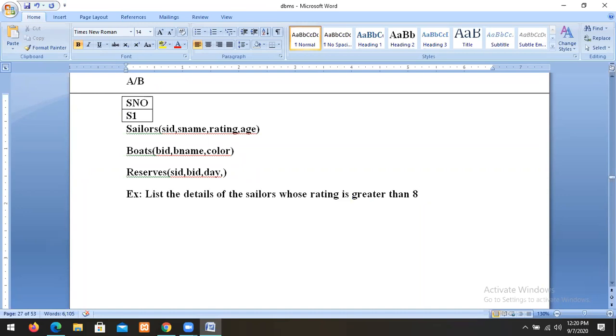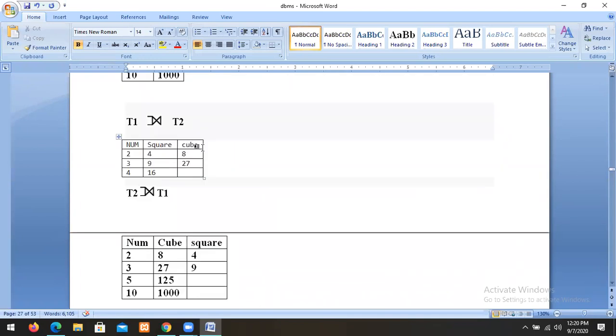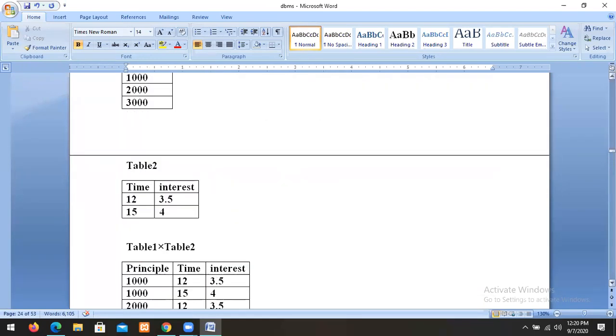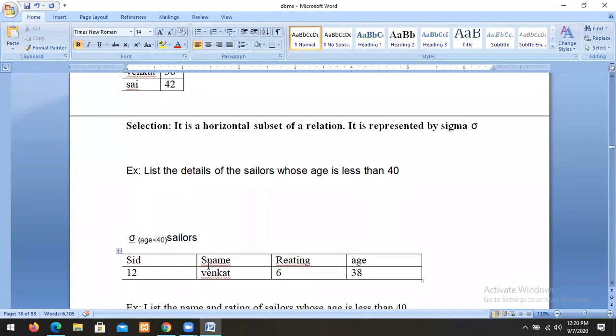For example, this is the table. So then we can write details of the sailors. We require the selection symbol. What is the selection symbol? Sigma. So sigma is the selection symbol.